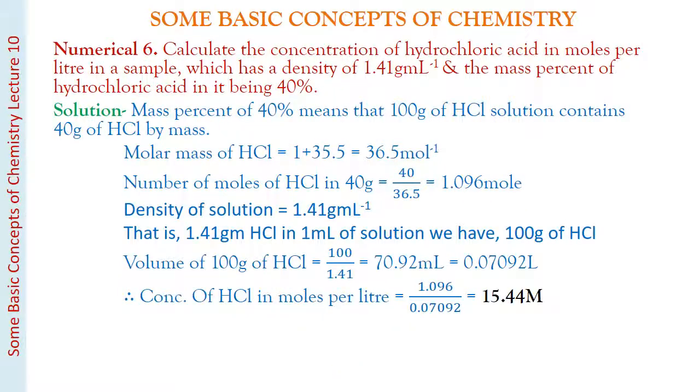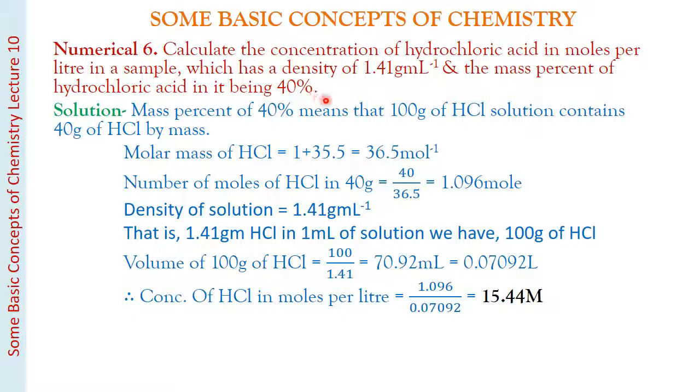Next we have to calculate the concentration of HCl acid in moles per liter, again the molarity, which has a density of 1.41 gram per ml and the mass percentage of HCl in it being 40%. So when we say mass percent of hydrochloric acid is 40%, what does this mean?